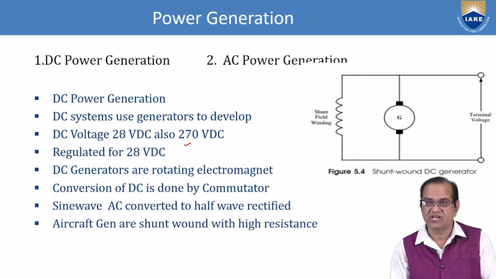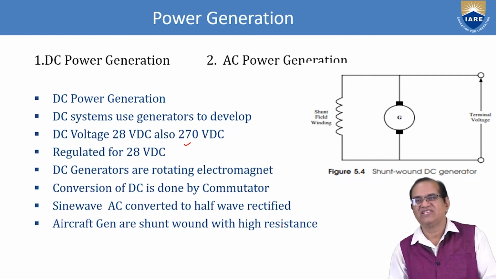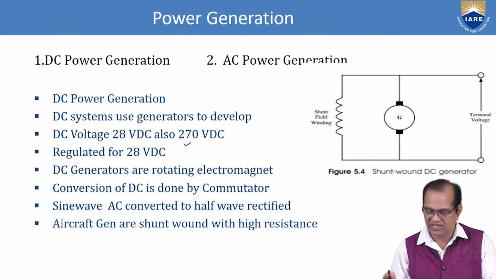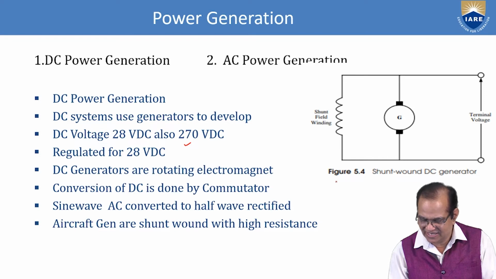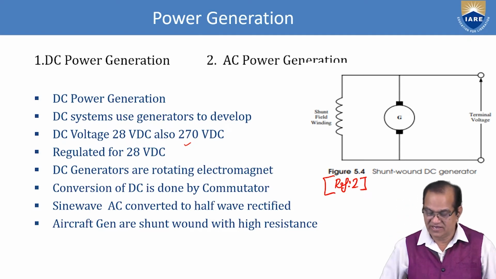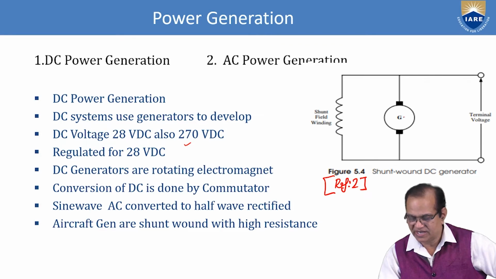Aircraft generators are shunt wound with high resistance. So these are the characteristics of the generator. Here, this is the reference I am writing as 2. So here we have a generator. This generator is shunt wound.